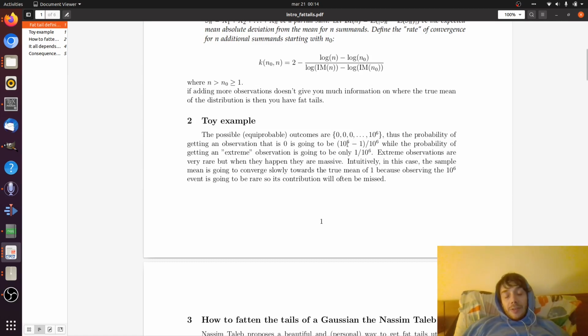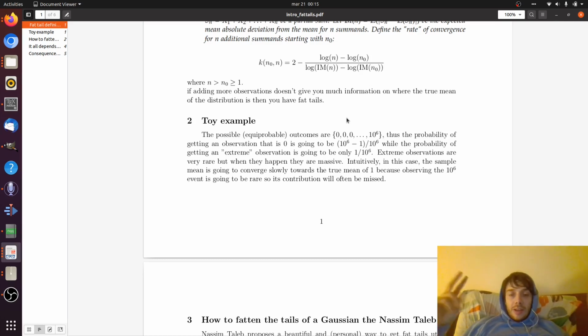Well, then it's going to be pretty likely that these 10,000 observations are all going to be 0. And so the sample mean is going to be 0. So it's not going to be 1. If with 10,000 observations you haven't moved an inch towards the true mean, well, that intuitively resembles a slow convergence rate.